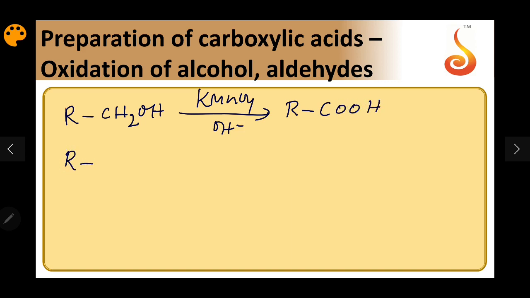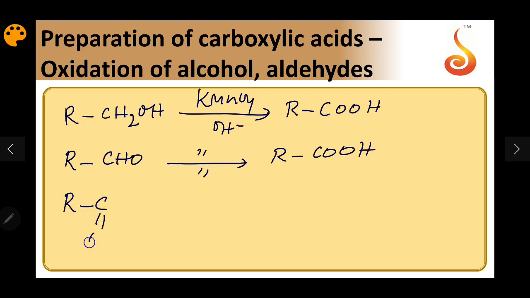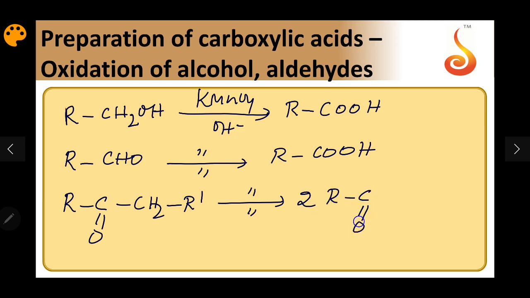Even aldehydes can be oxidized easily by the same reagent to the corresponding carboxylic acids. Ketones undergo oxidation with the same reagent, giving a mixture of two carboxylic acids. In this case, two molecules of the same RCOOH.